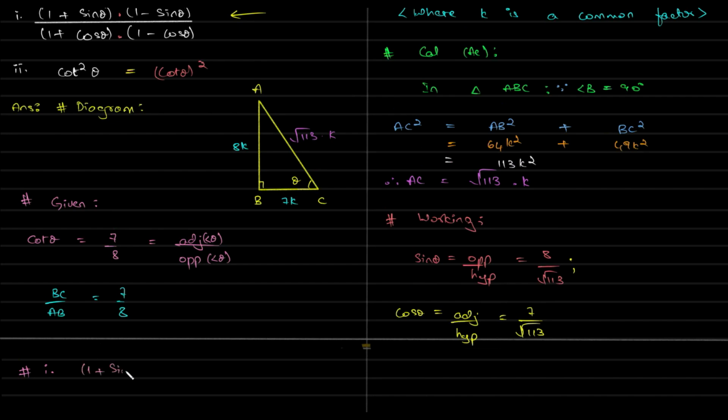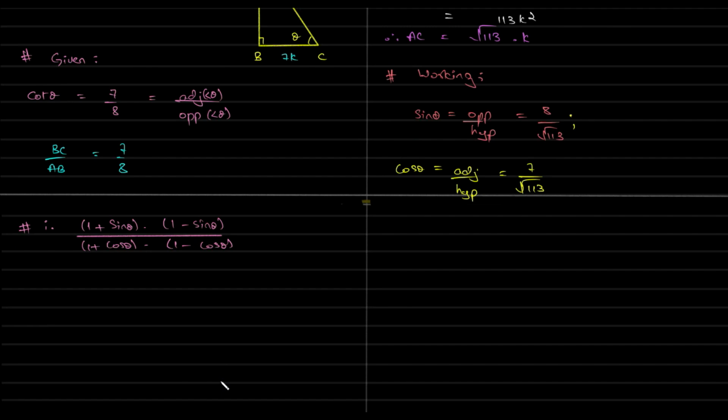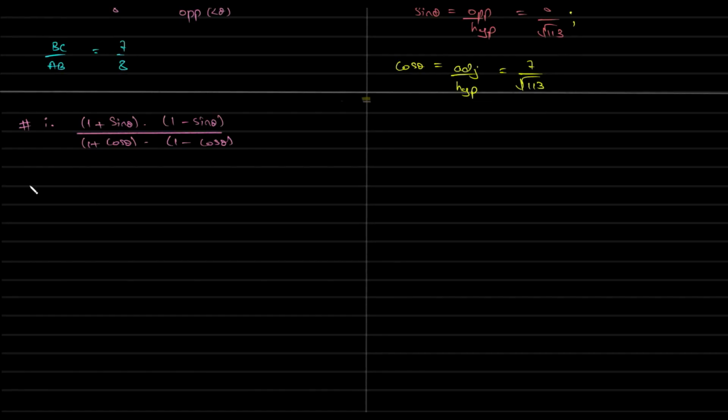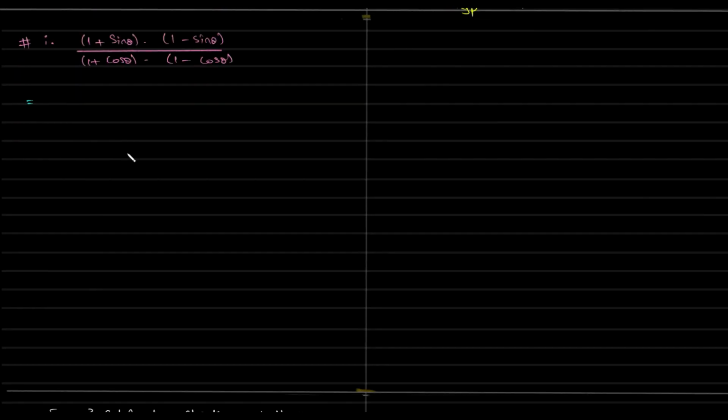(1 plus sine theta)(1 minus sine theta) divided by (1 plus cos theta)(1 minus cos theta). Before substituting, we can do one thing over here. Please have a look. It's in the form of an identity which you are familiar with: (a minus b)(a plus b) leads to a square minus b square.